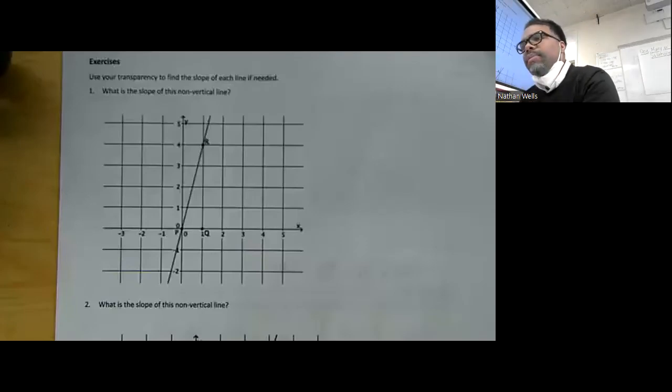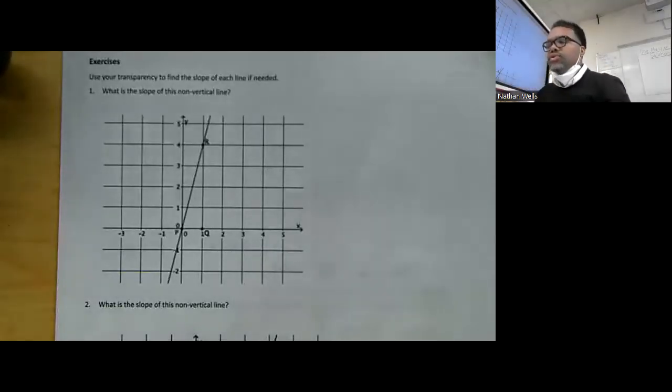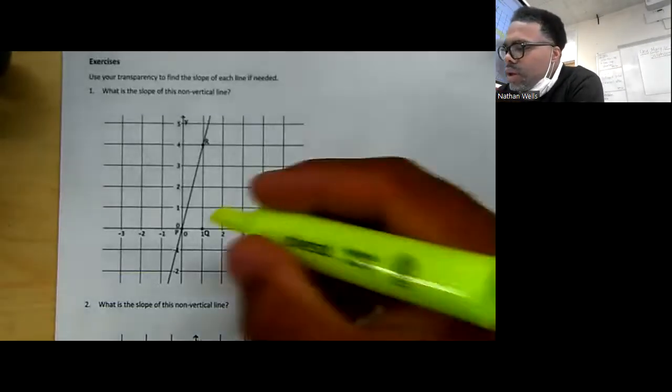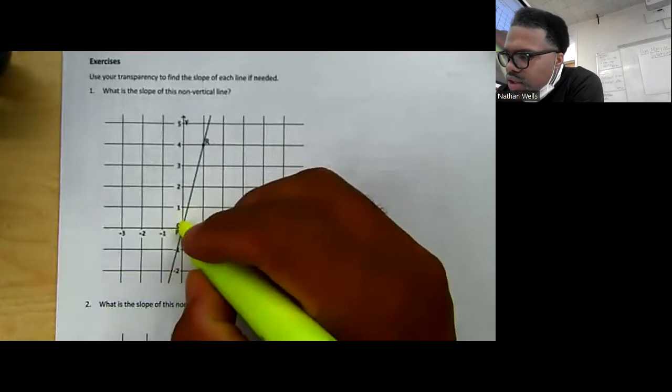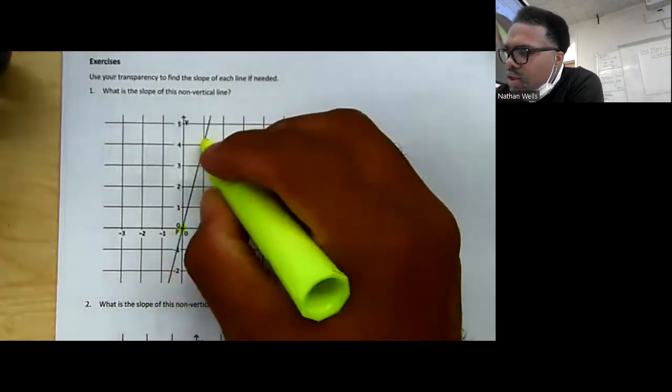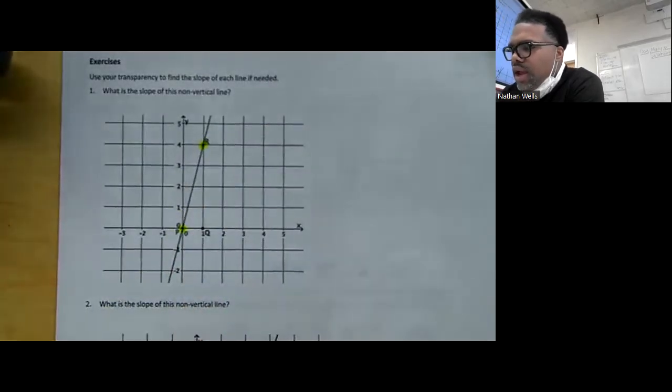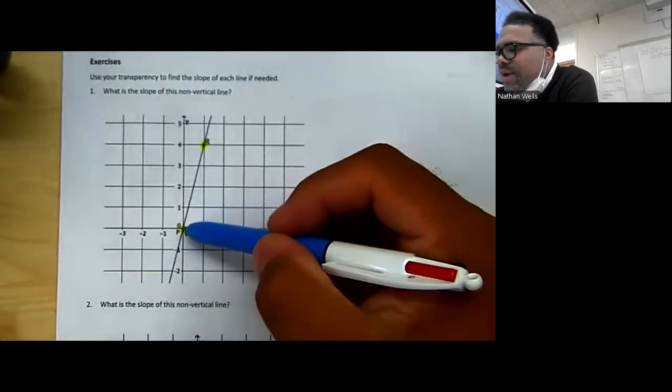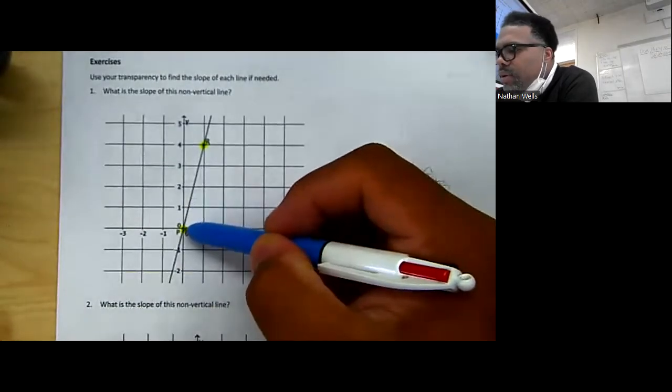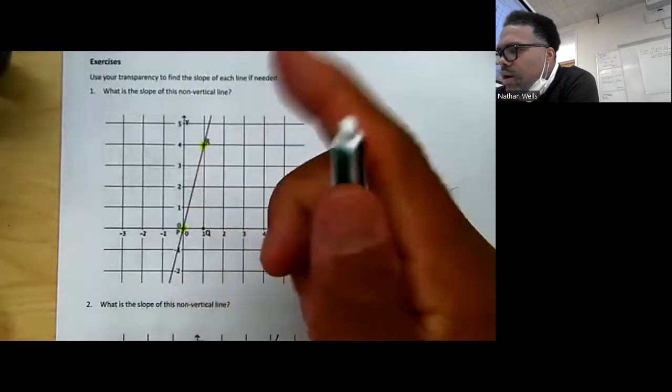Okay, so today we talked about slope. We're learning how to turn ratios into slope. So if I took these 2 points that are on the line and I asked myself, well, how do I get from P to R?